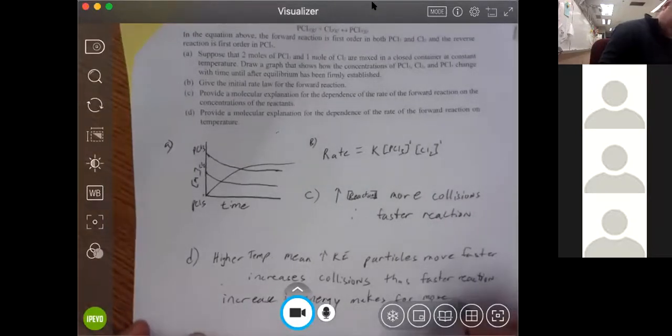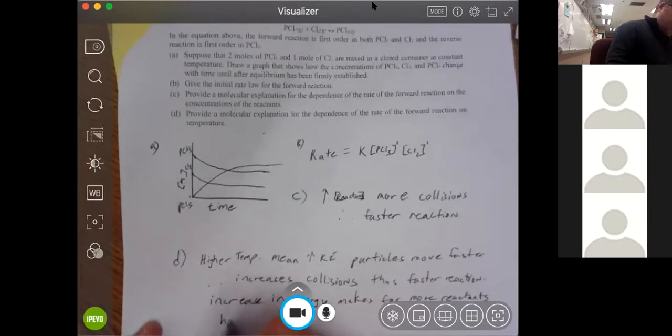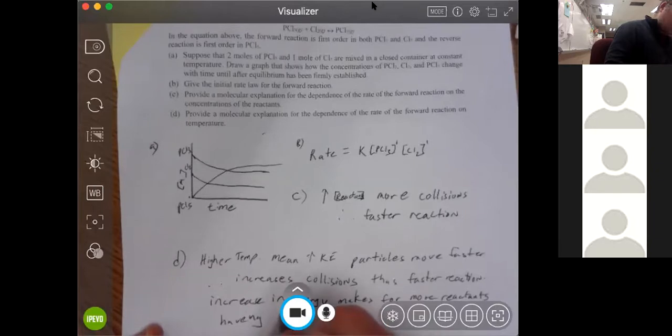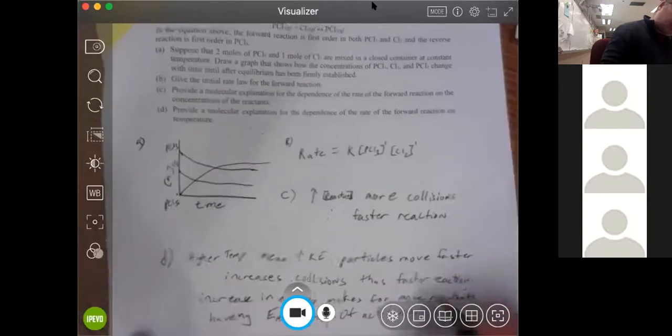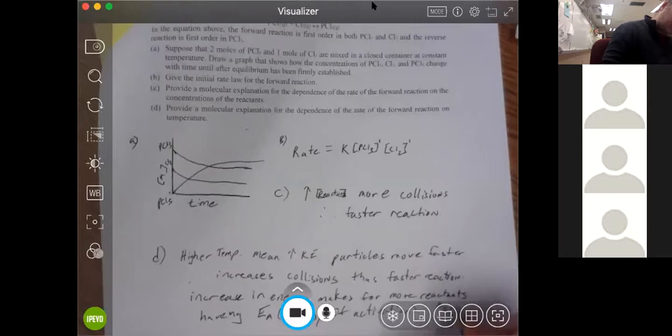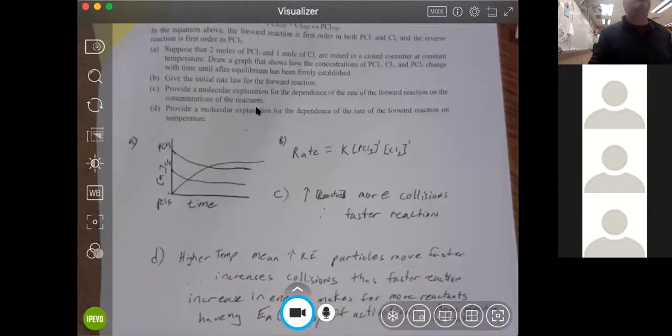An increase in energy makes for more reactants having the required energy of activation. Thus, more effective collisions as well, and a higher rate.